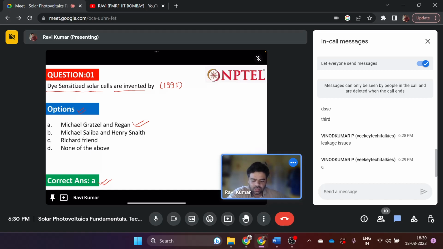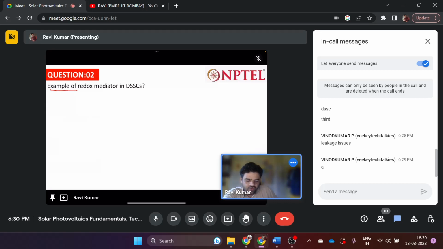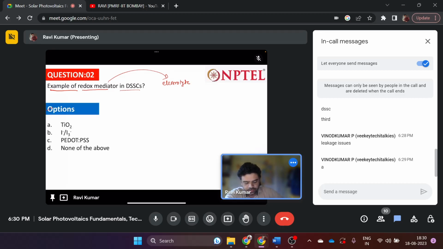Next question is about the redox mediator in DSSC. It says, which among the following is an example of redox mediator in the DSSC? Redox mediator means electrolyte, and these are the options.